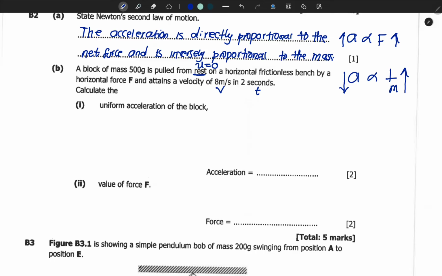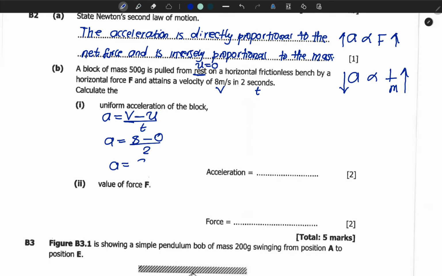Calculate Roman number 1, uniform acceleration of the block. So acceleration for this one we can say is equal to final velocity minus initial velocity, which is given, over time. Then acceleration is equal to final is 8 minus initial is 0 over 2.